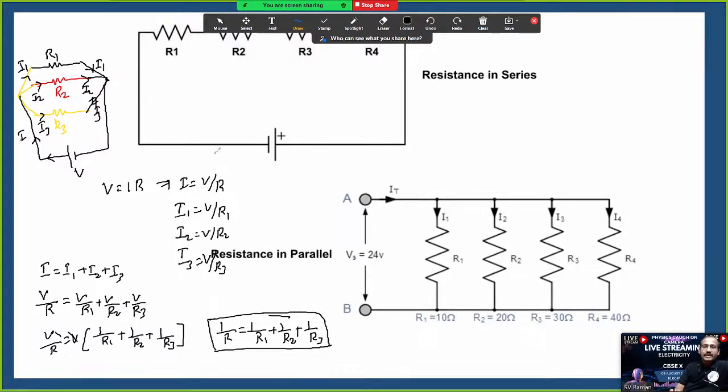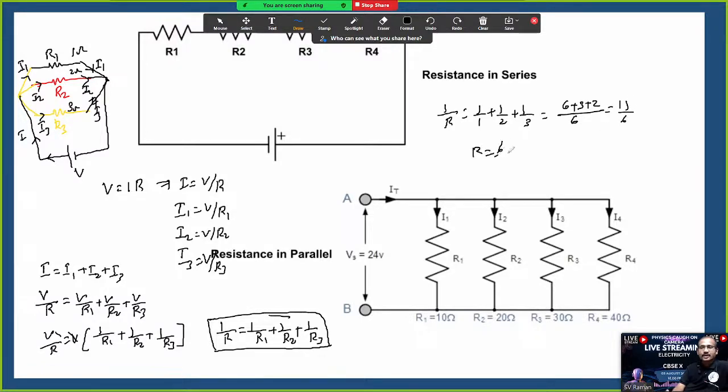For example, again I gave you 1 ohm, 2 ohm and 3 ohm resistors, connected in parallel. So 1 by R is equal to 1 by 1 plus 1 by 2 plus 1 by 3. Taking the LCM, which is 6, we get 6 plus 3 plus 2, which is 11 by 6.